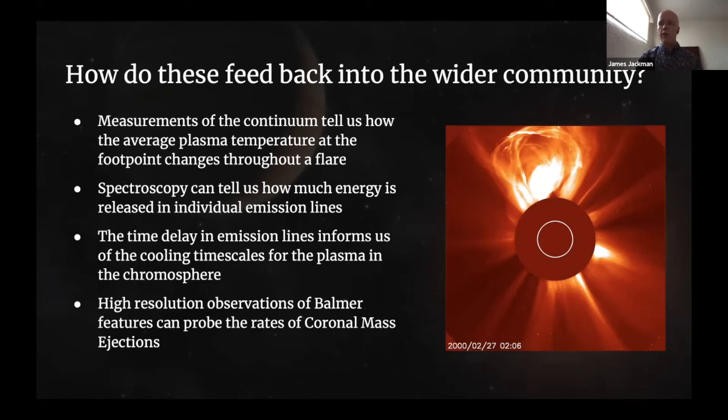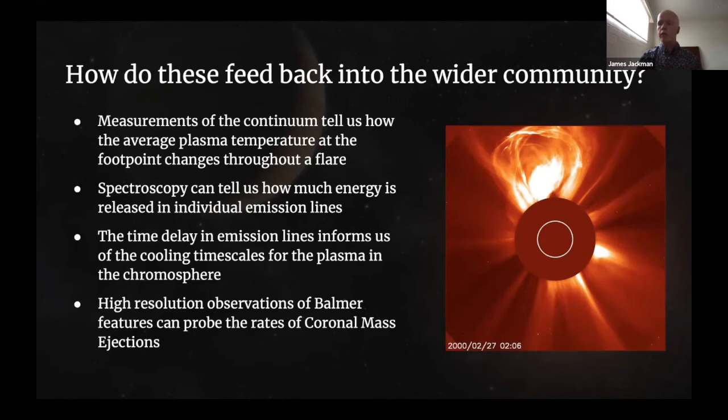Build a publicly available archive of flare events and make sure it's intimately detailed, a database that stores all the data, all the spectra and photometry of individual flares. That'd be a fantastic resource, or that is a fantastic resource.